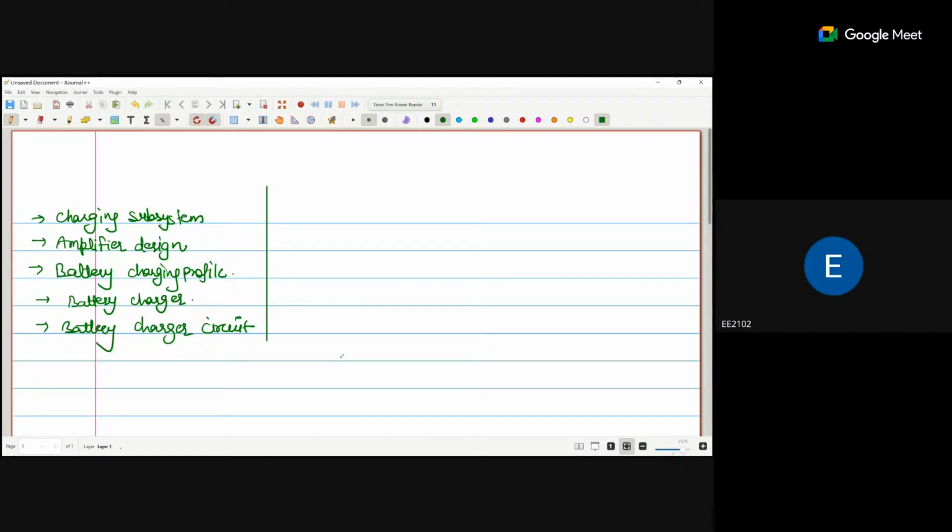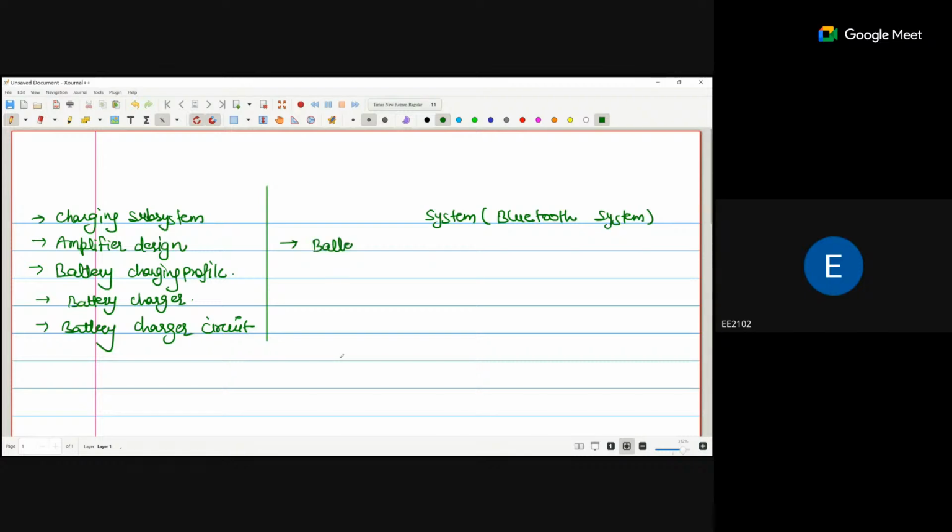Now in the last week, if you remember, we started with the basic system. We discussed the Bluetooth system. In this Bluetooth system, there are six different subsystems.